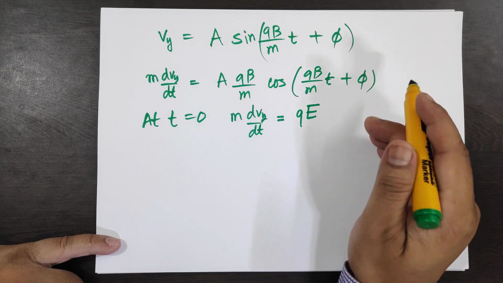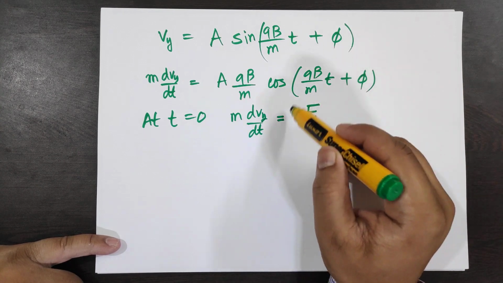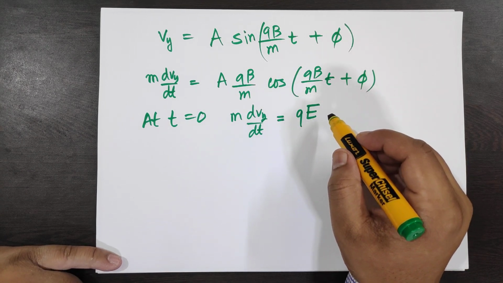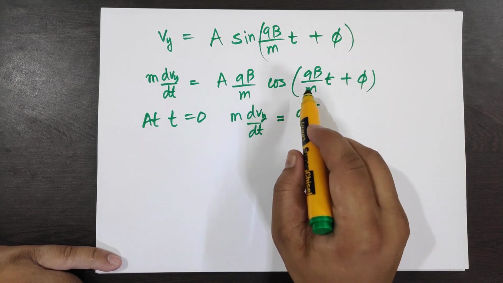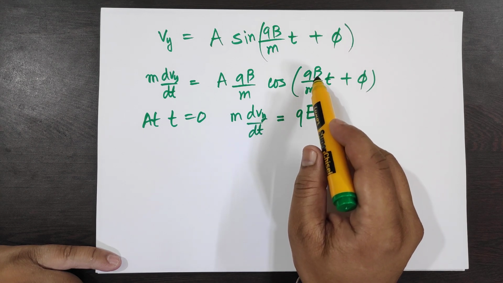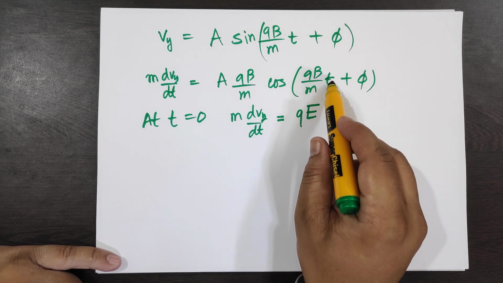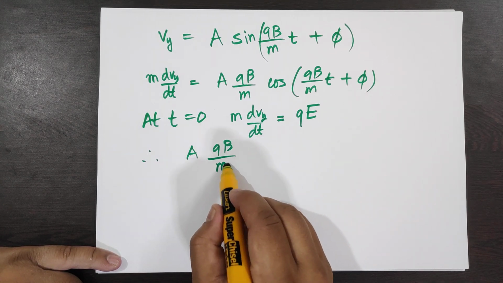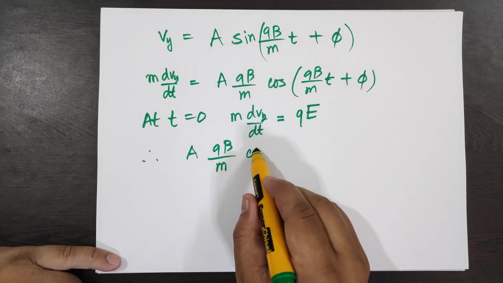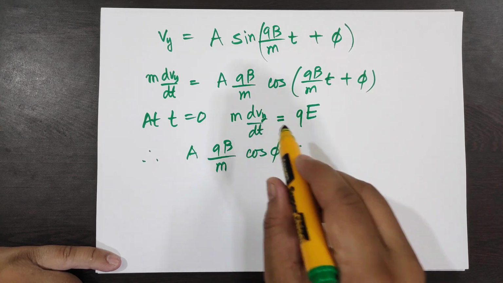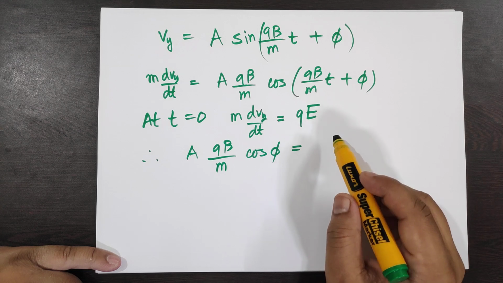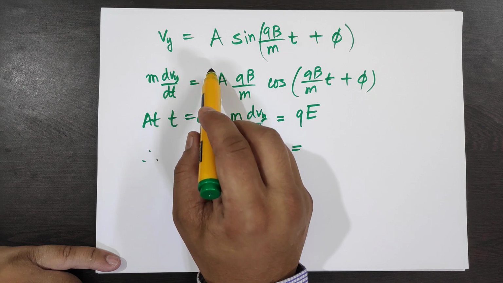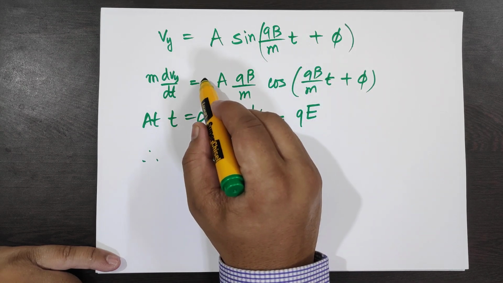It's just started to move. So the entire force is qE. So m dVy/dt is equal to qE. So let's see whether you can find out something from here. We'll put time 0, therefore A multiplied by qB/m into cos phi is equal to, m. So this was m dVy/dt, right? So there will be an m here.